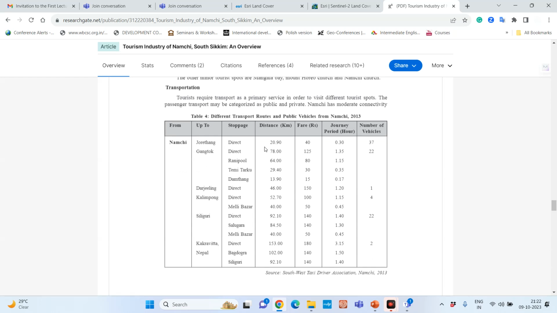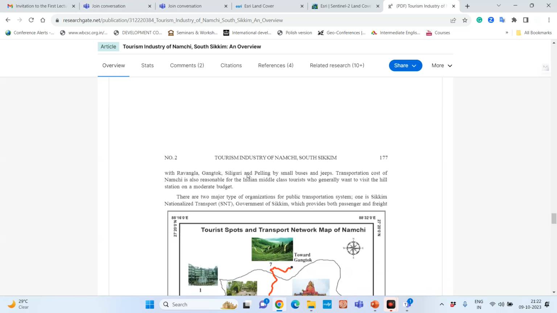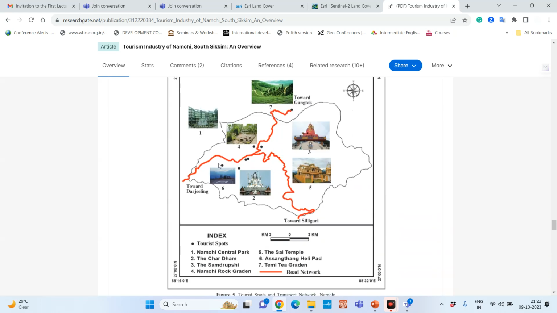It's called the triple A model, the 3A model: attraction, accommodation and accessibility. These are the three things you need to understand as a tourism manager or tourism planner. Here is how you can use the GIS tool to do so. Suppose those are the tourist spots mentioned over there. Point one is the Namchi Central Park.